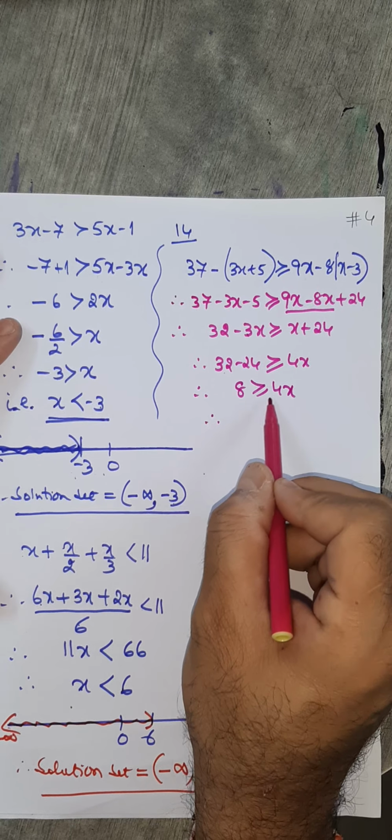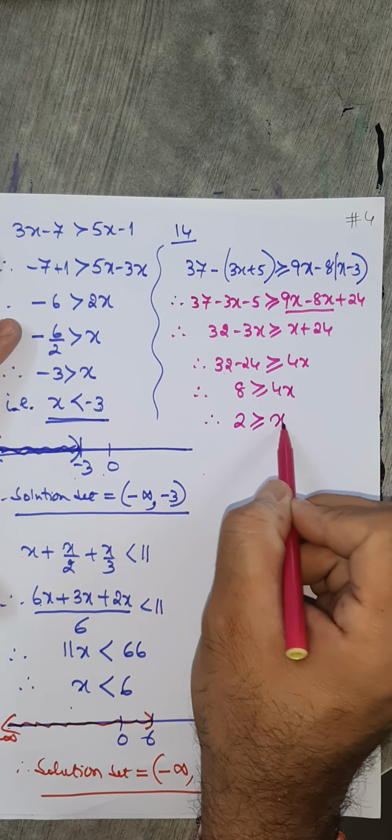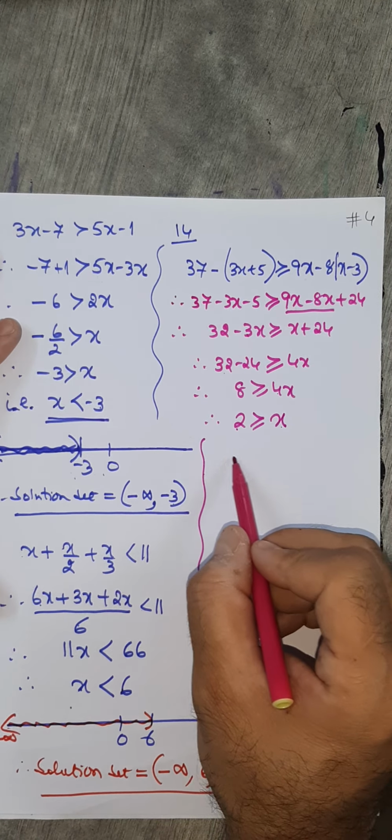Dividing by 4 here. And this is a positive number, remember. So you have this. That means the value of x should be less than 2, like this.